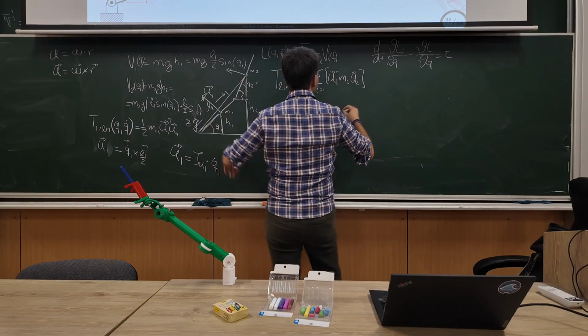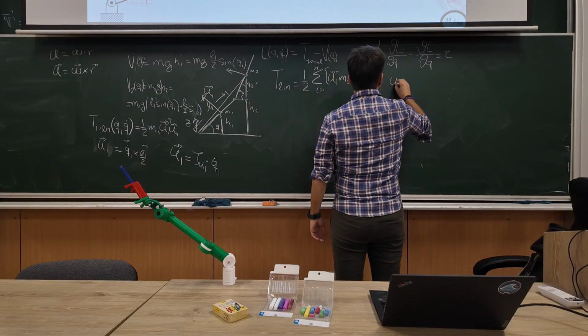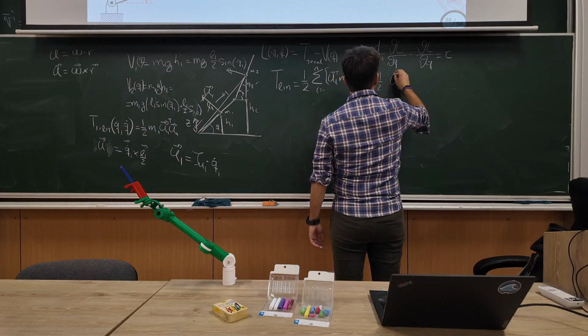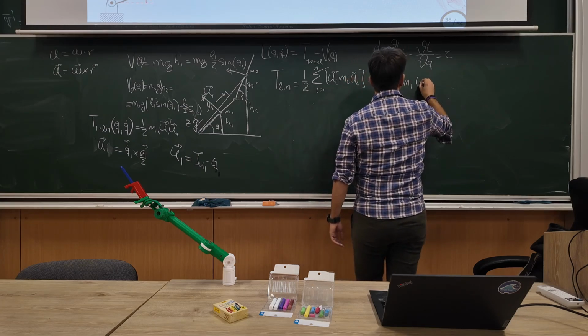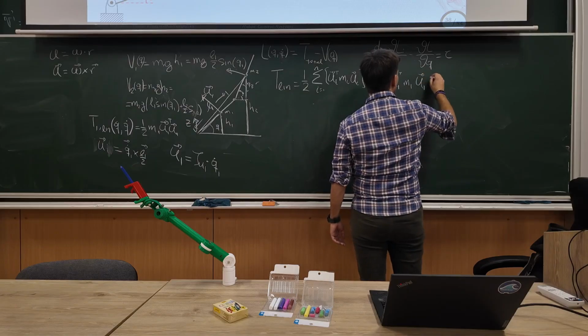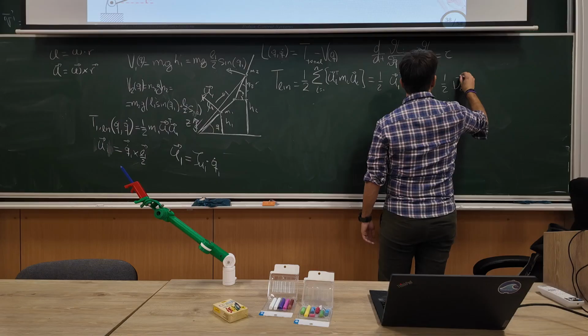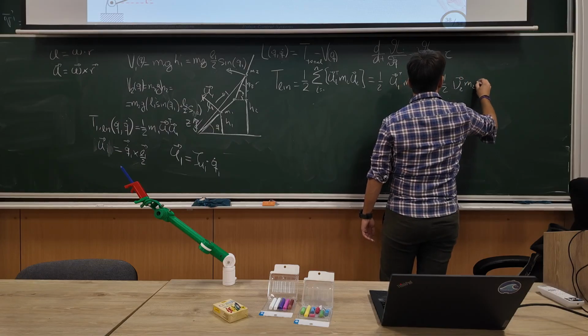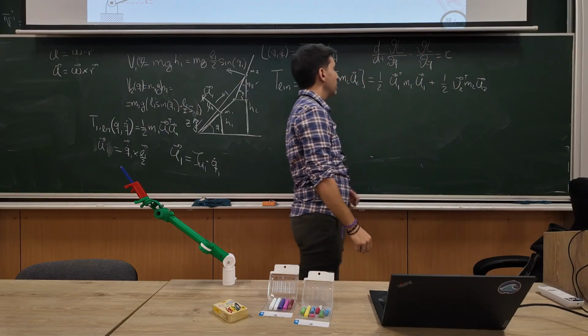Okay, so for our case with the two masses, it's 1 over 2 U1 transpose M1 U1 plus 1 over 2 U2 transpose M2 U2, right?